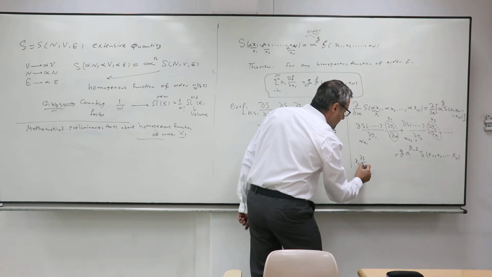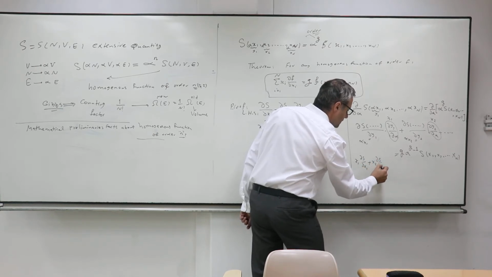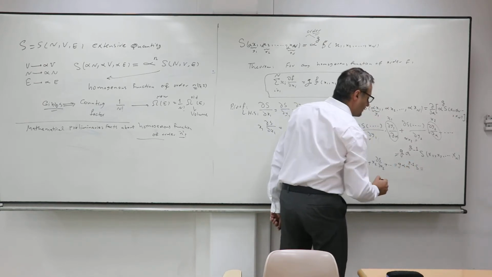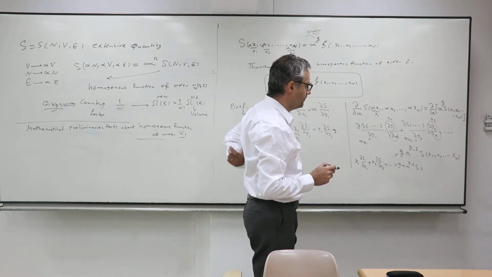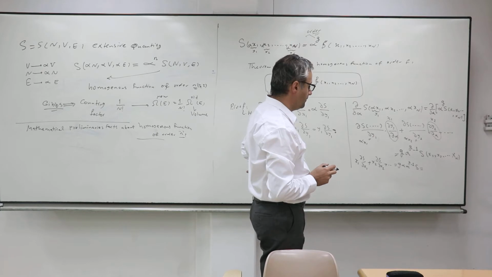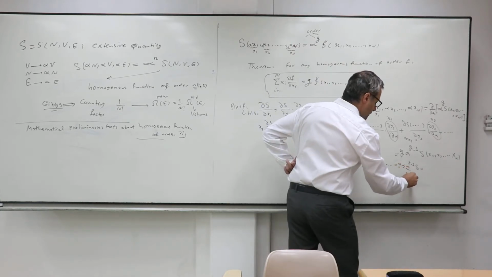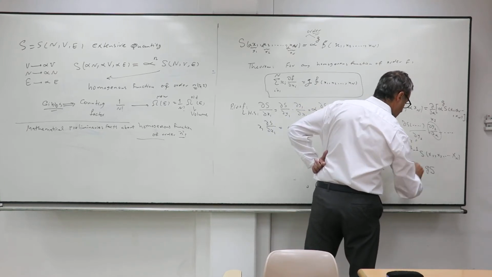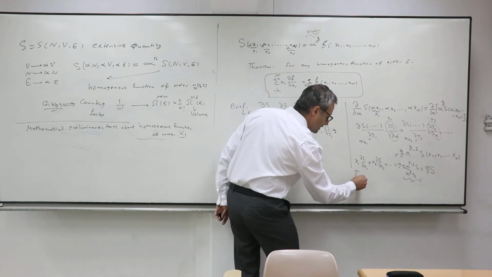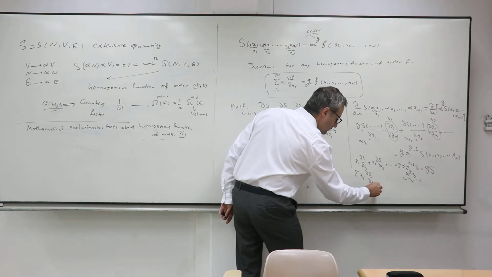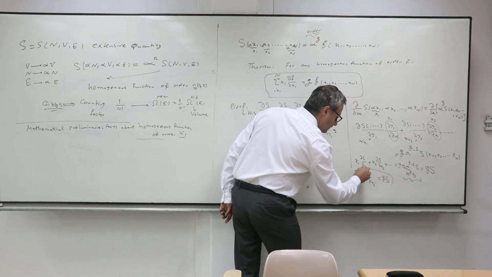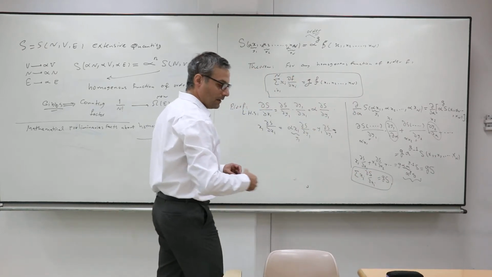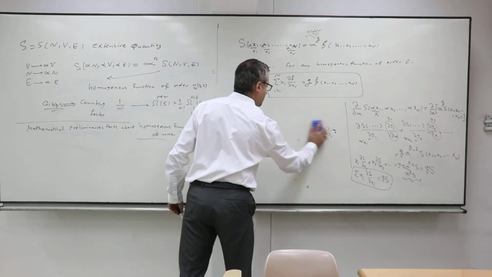Here we have x1 times the partial derivative of S with respect to x1, x2 times the partial derivative with respect to x2, equals g alpha to the g minus 1 times S. What is that? This is alpha to the g times S, and with alpha equal to 1 this is g times S. And what is here? This is the sum over i of xi times the partial derivative with respect to xi.